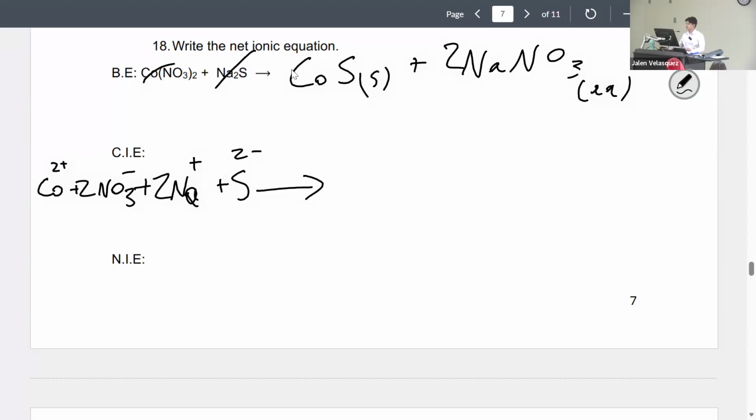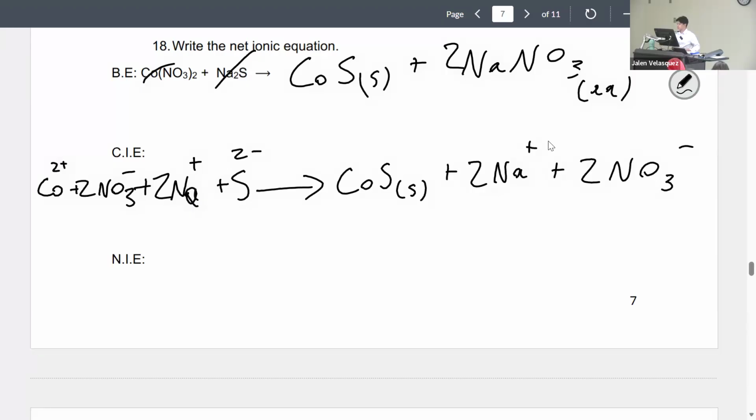What should we do with this guy? Nothing, keep it. So you're gonna just write it as it is. And then sodium nitrate, right? Because that is aqueous, we are going to ionize that. So we're gonna have 2 Na+ and 2 nitrate -1. Okay.